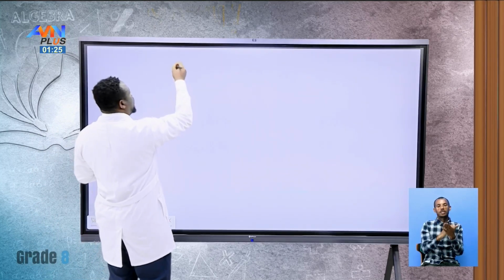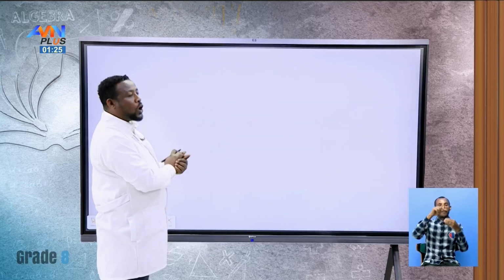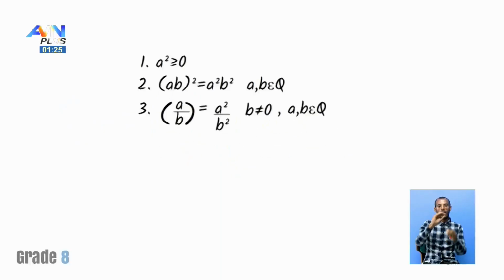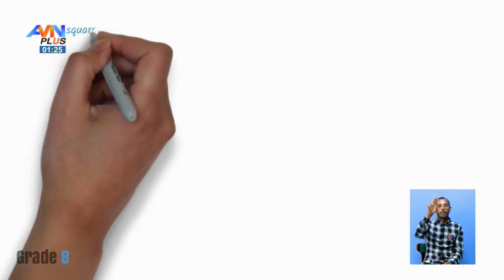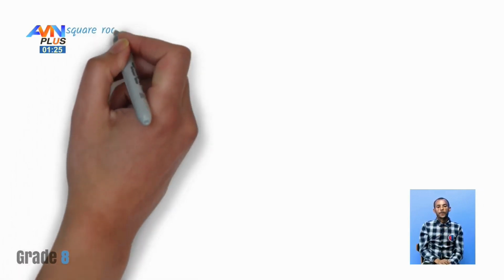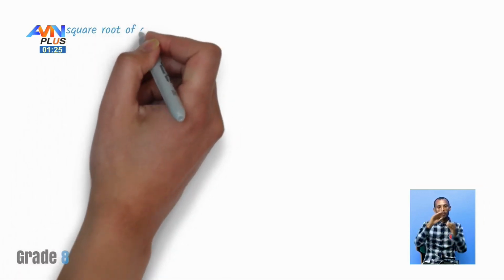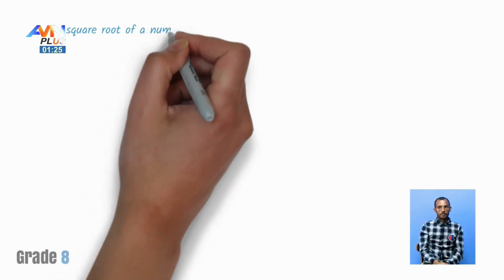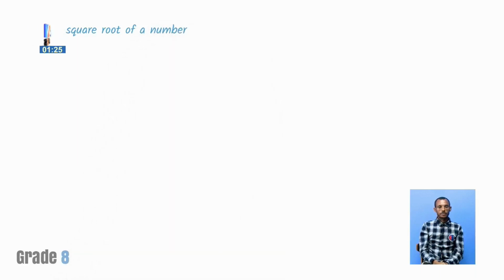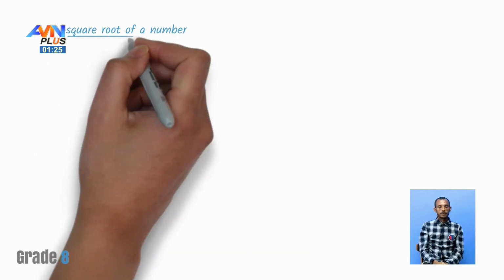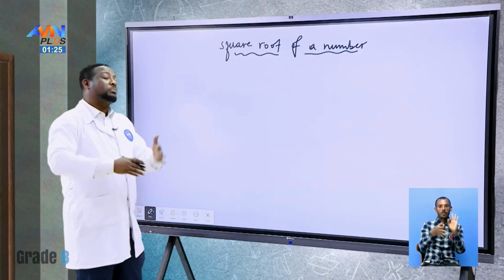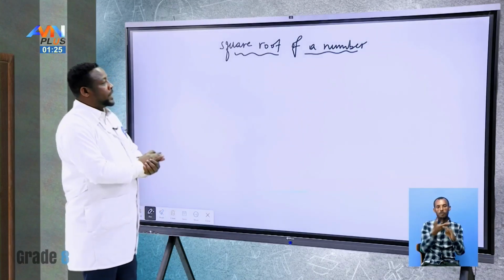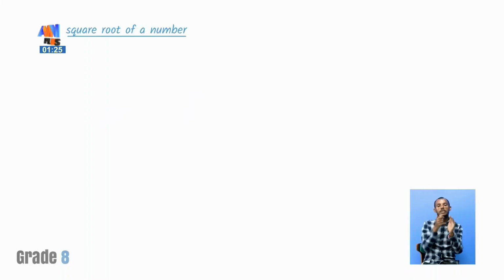Here, we will talk about the square root of a number, okay? So let's see the definition of a square root of a number before we start some of the examples regarding this topic.